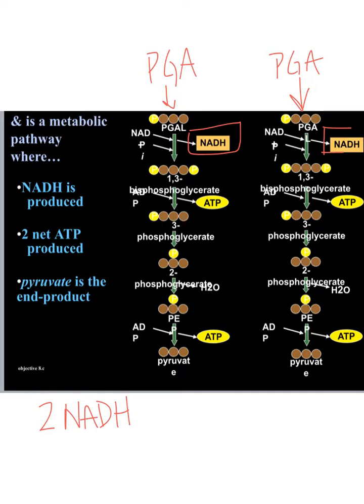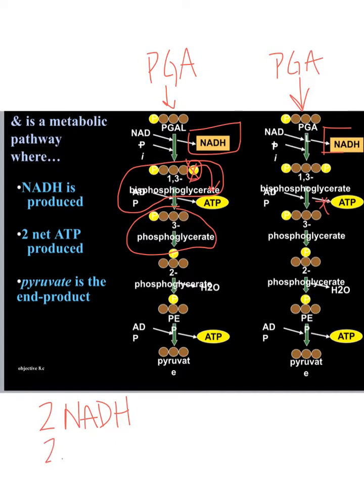We now have in the next step, you can see that we dephosphorylate something. So here we have this molecule 1,3-bisphosphoglycerate, and here we have 3-phosphoglycerate. So we took off that phosphate group, we removed it, and what we did is we used it to make ATP, and so we made 2 of those because we made another one right here.